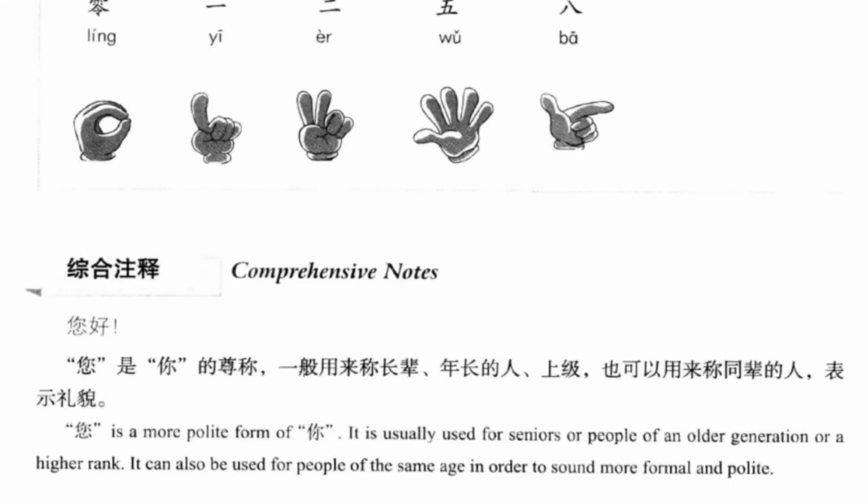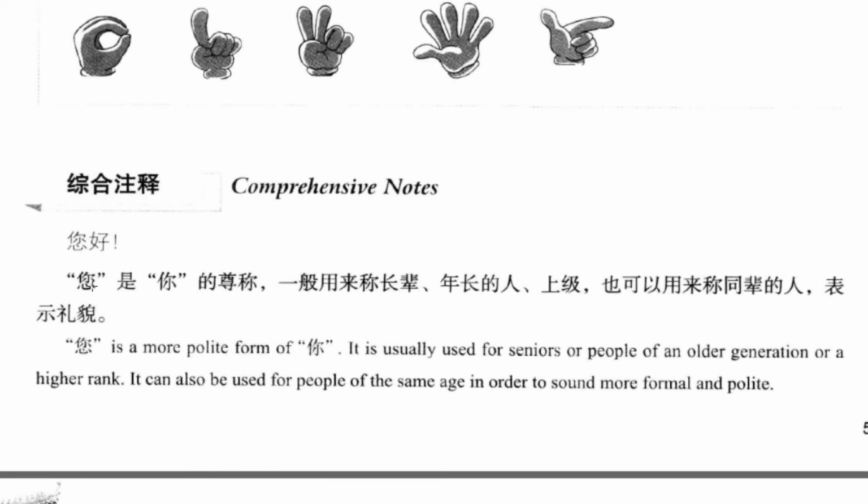And next, we will learn comprehensive notes. 您 is more polite. Sorry, I say it again. 您 is a more polite form of you, of 你, and it's usually used for seniors or people of an elder generation or a higher rank.